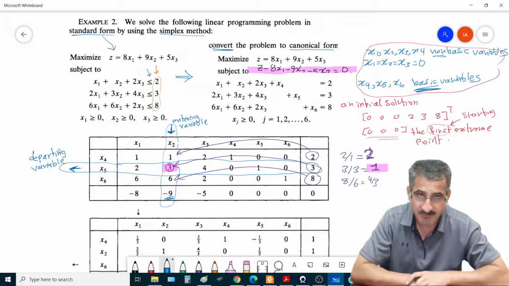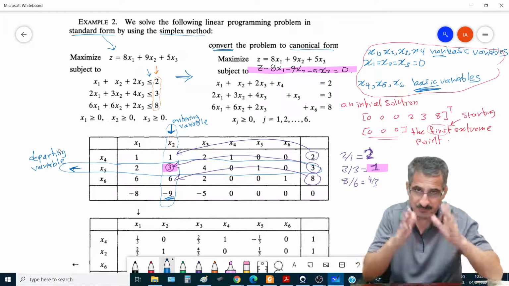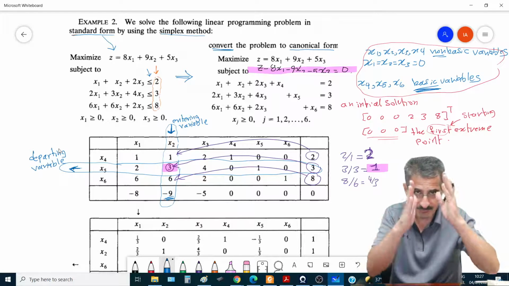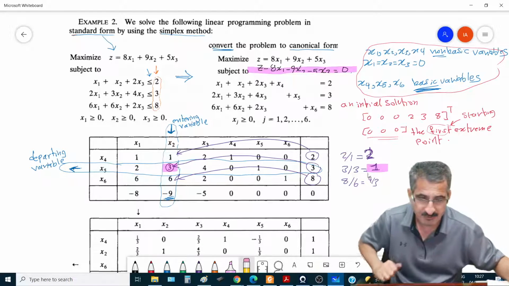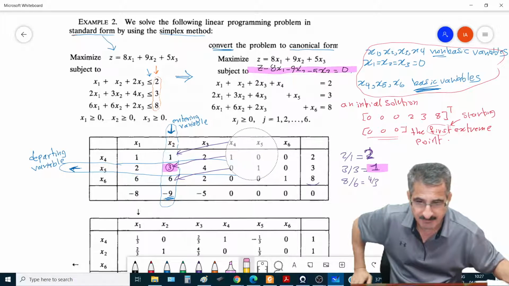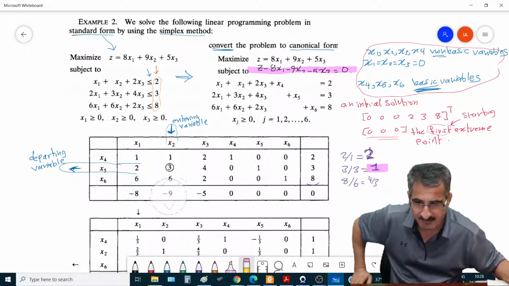Okay, good. So this is how we choose which column and which row, which variable to enter, which variable to leave. Now let me go and clean all these things.